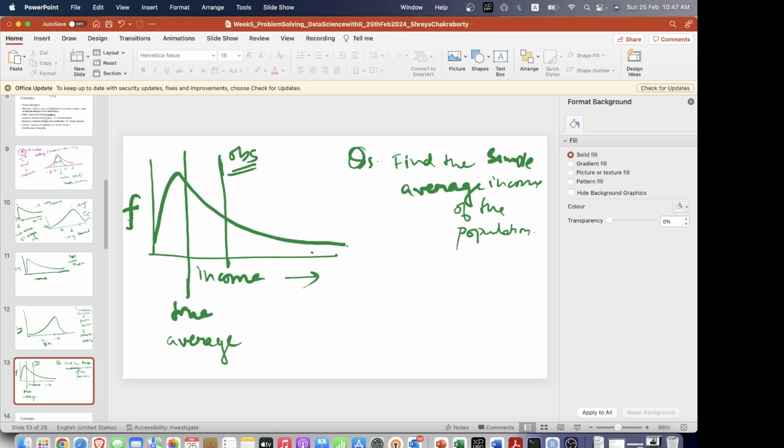Because we have too high a number here, they will pull the mean towards themselves. So if we have such a skewed distribution, mean is not a good measure of central tendency.